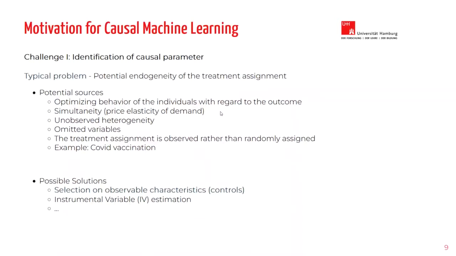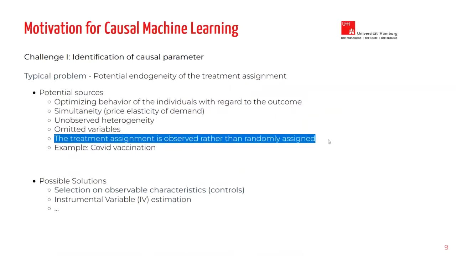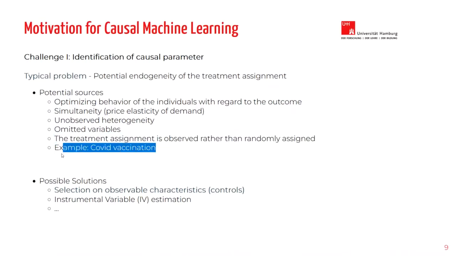There might also be heterogeneity in the population. Some people might be affected to a certain degree, and some others to a much greater degree. We might also have variables that drive decisions or the treatment assignment, as we say, that are not observed. This might also make things complicated. As I said, the problem occurs whenever we have a treatment assignment that is observed in the data rather than really generated by a randomized controlled trial.